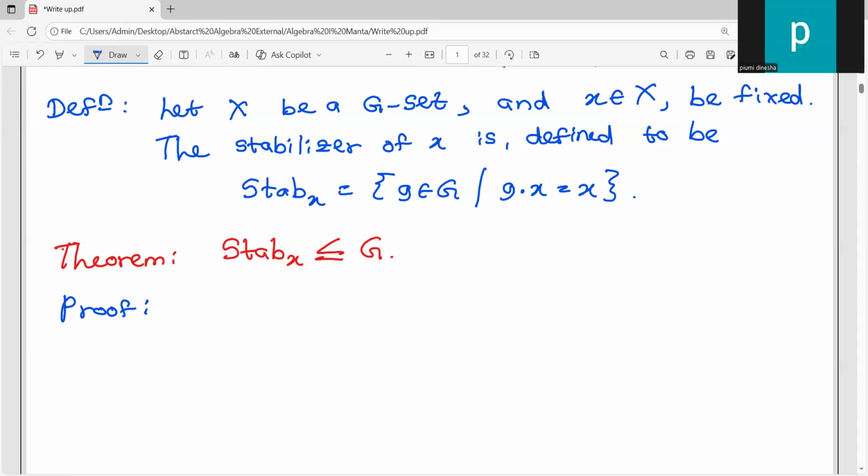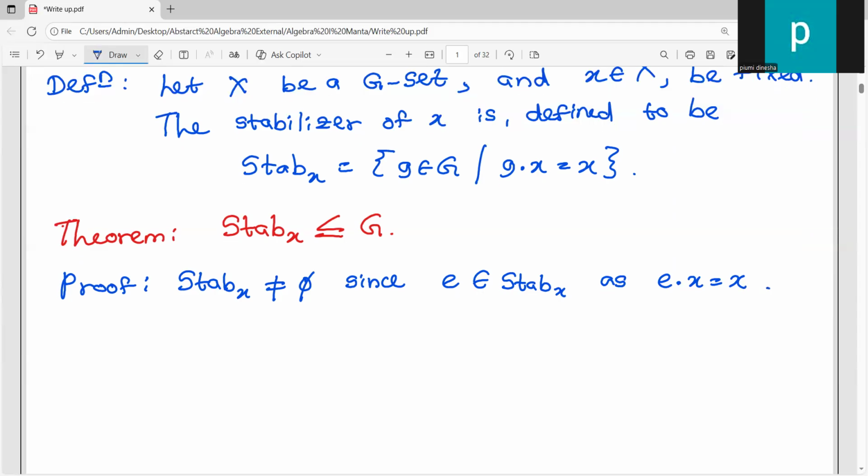So the identity element will always be in the stabilizer for any element that you fix in X. So we simply can write, this is not empty since the identity is an element in Stab(x), as e dot x is equal to x for every x that you take from the set.